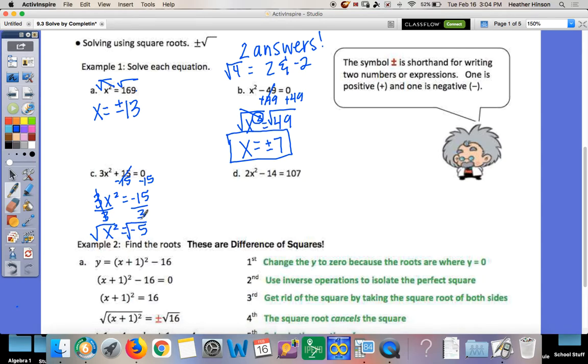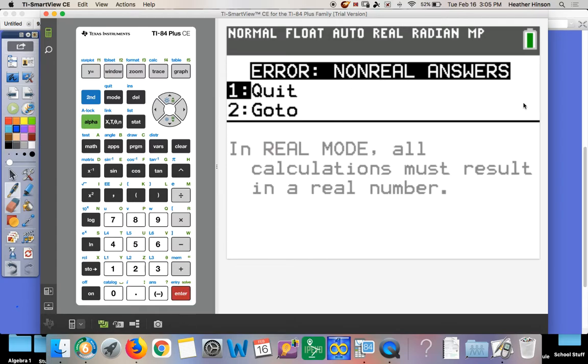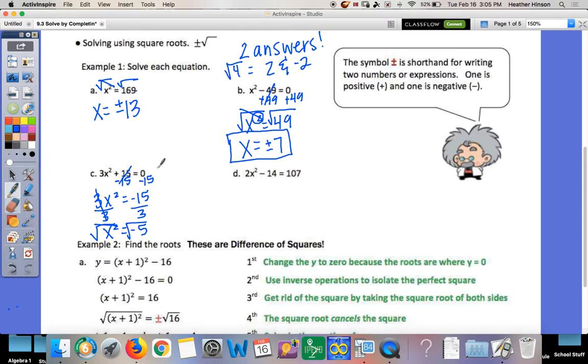So what's the square root of negative 5? If you're not sure, we can put it in the calculator. Square root of negative 5. This one's going to say a non-real answer. You cannot square root a negative. A square root means you took a number and multiplied it by itself to get that negative 5.